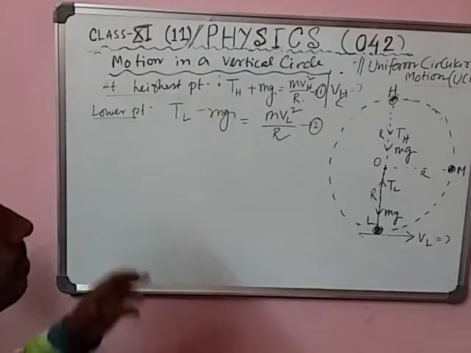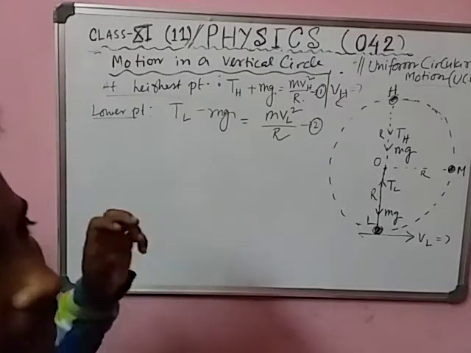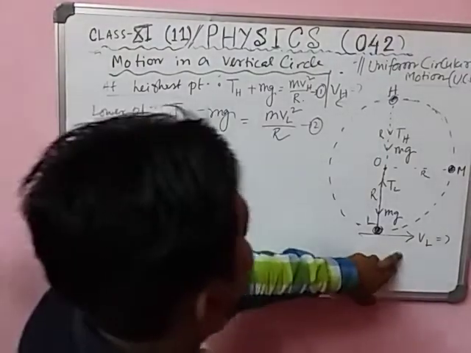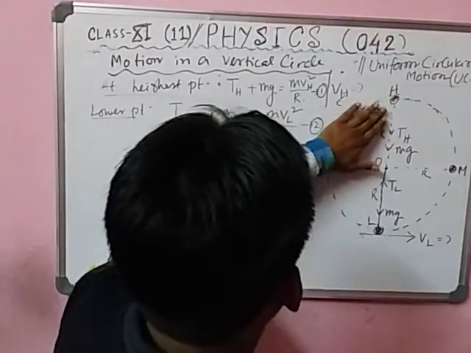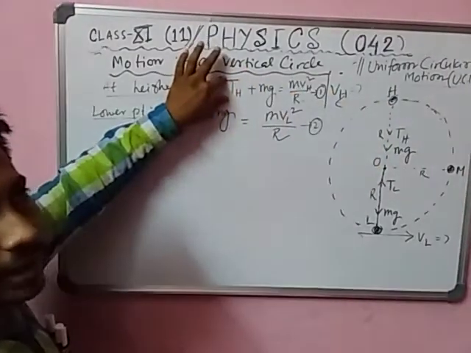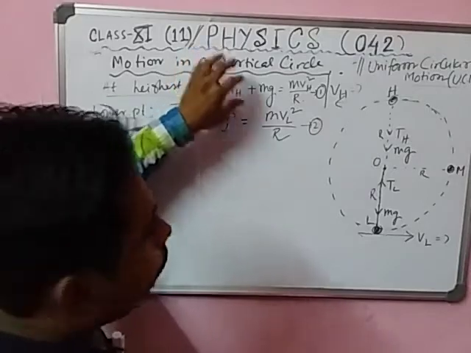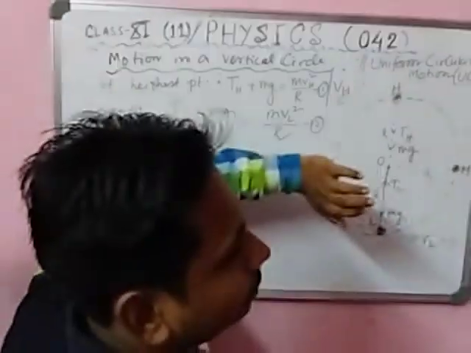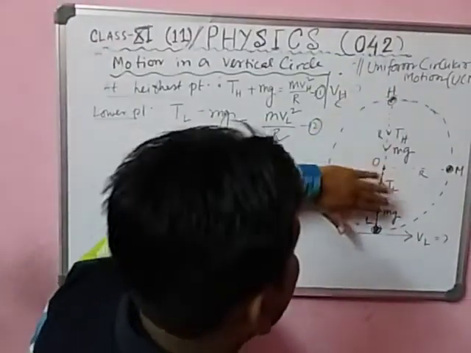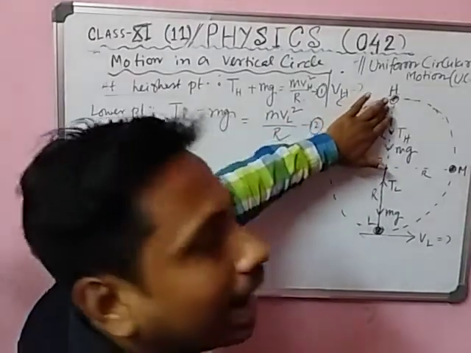Now for the minimum velocity of VL, the tension at the highest point must be 0, so that it just reaches the highest point.